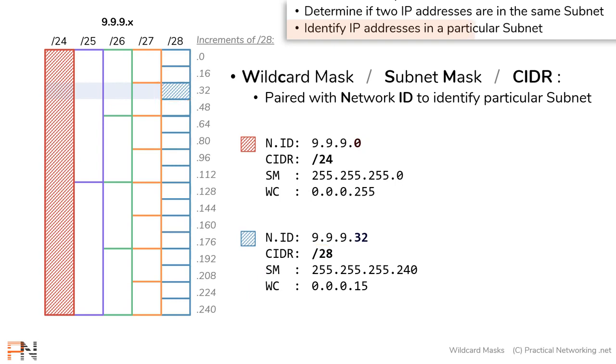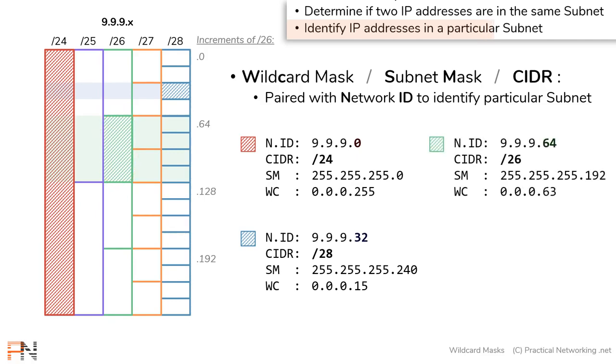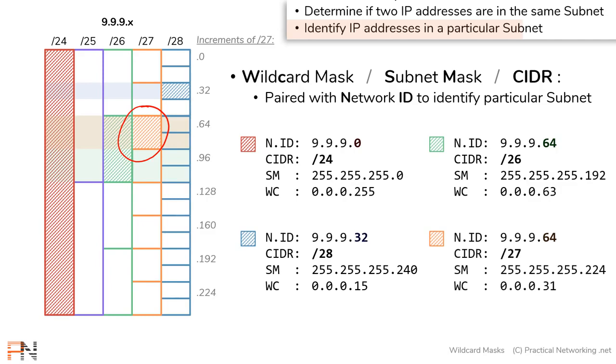If I want to refer to that particular /26, again, I would simply pair the network ID of 9.9.9.64 with either that CIDR or that subnet mask or that wildcard mask. And if I wanted to refer to this particular chunk of /27s, again, I would pair that network ID with that CIDR or that subnet mask or that wildcard mask.